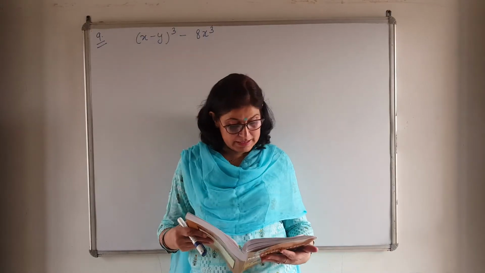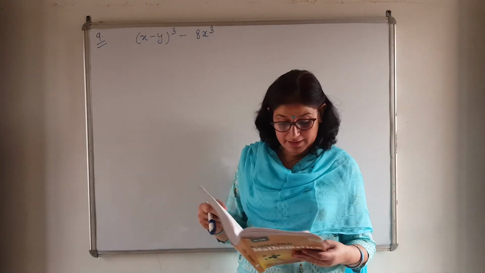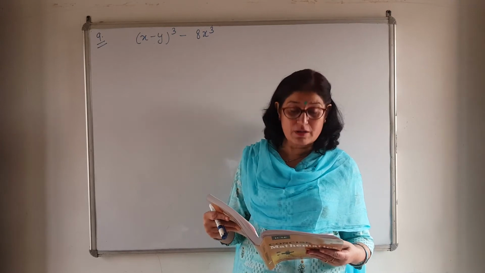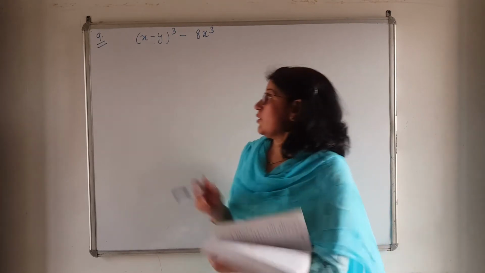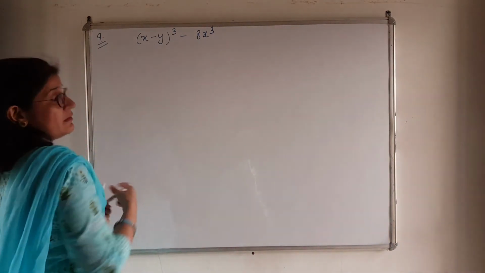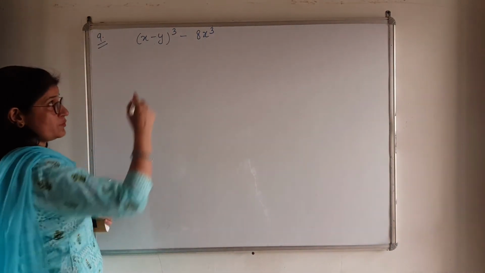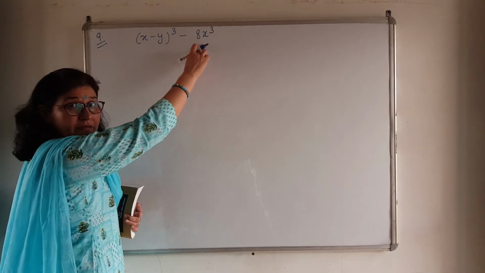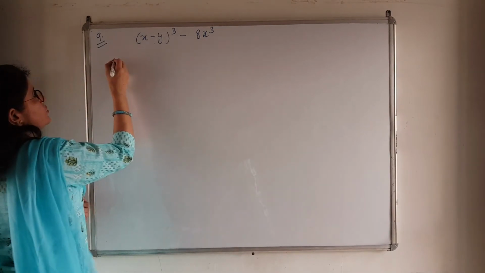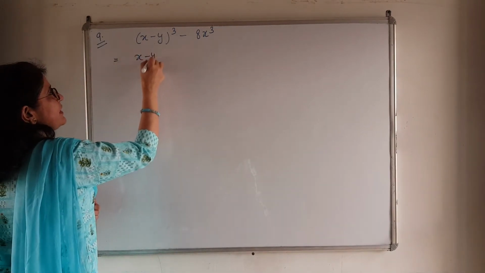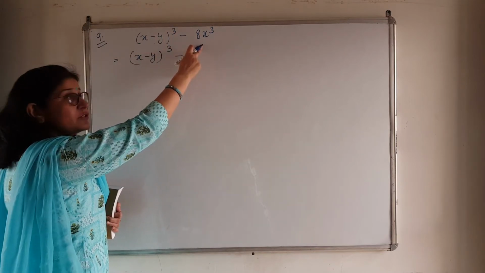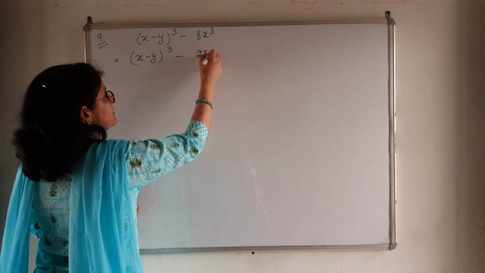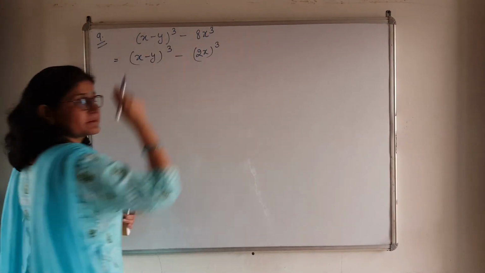Now next question, question number 9. In this question we have two terms, x minus y cube minus 8x cube. Now the first term is already in power of cubes, but here 8 we have to change. So x minus y cube minus, 8 is cube of 2, so 2x cube.